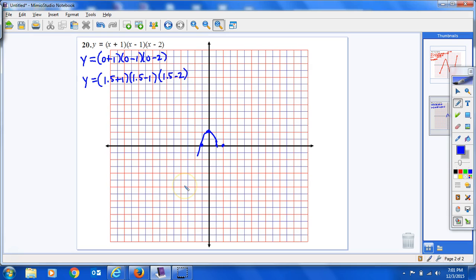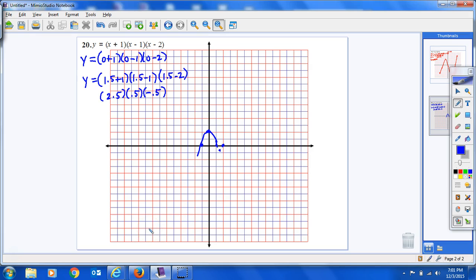And if you need to grab your calculator, that's fine, but this is 2.5 times 0.5, and this is negative 0.5. All right, so let's see what we get. Get negative 0.625, which is not quite 1. It's a little bit more than a half. So I'm going to estimate it to be about right there.